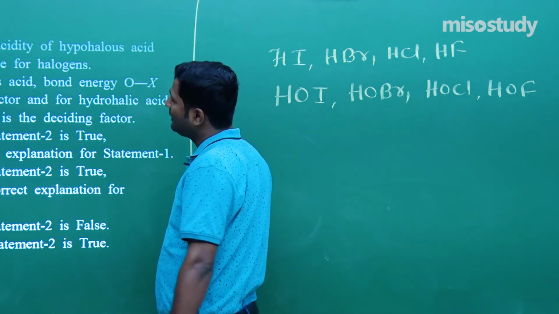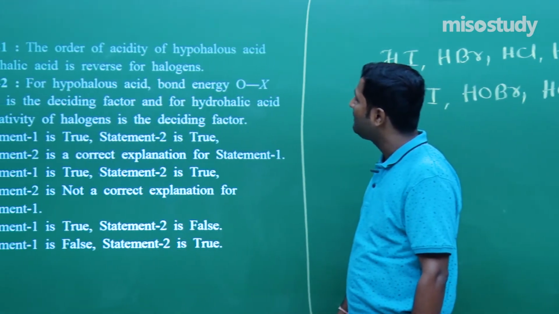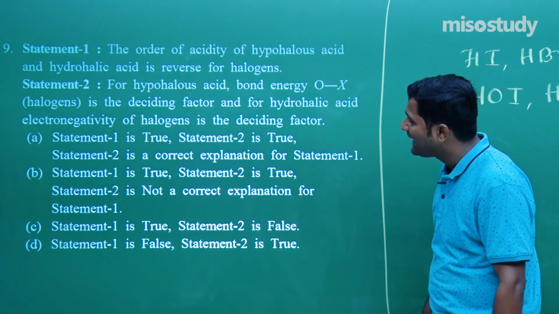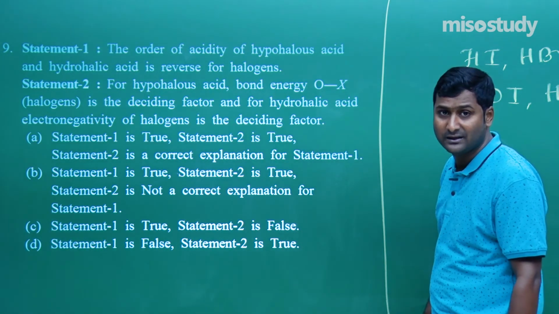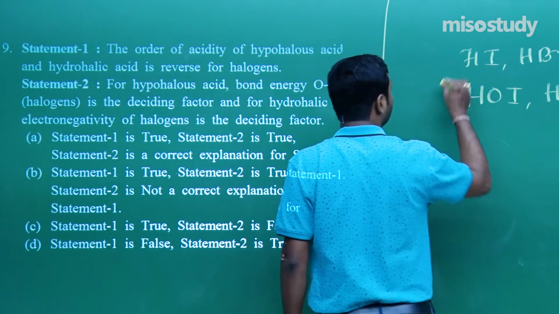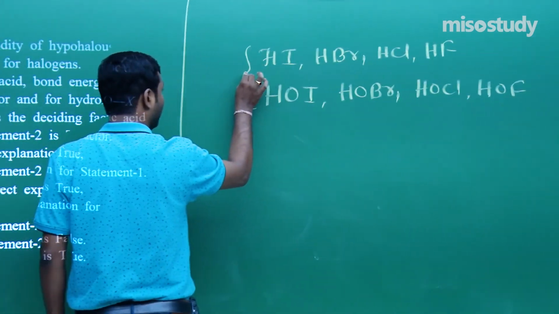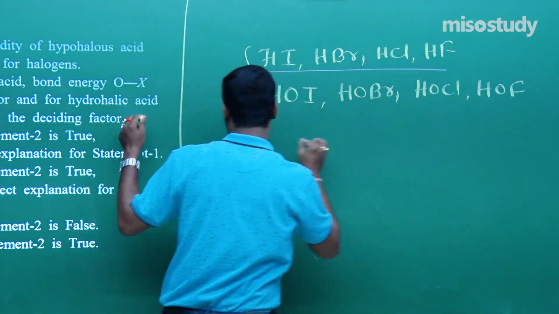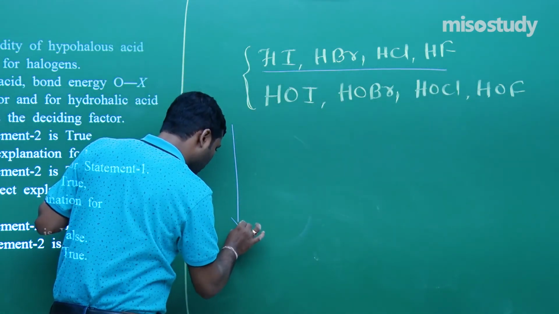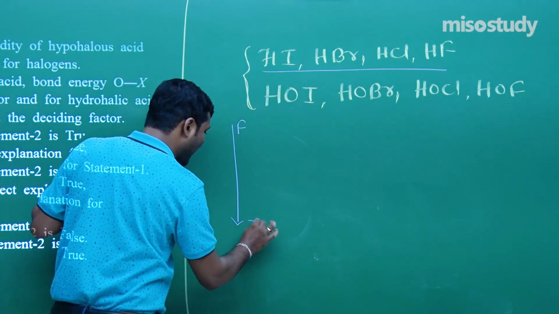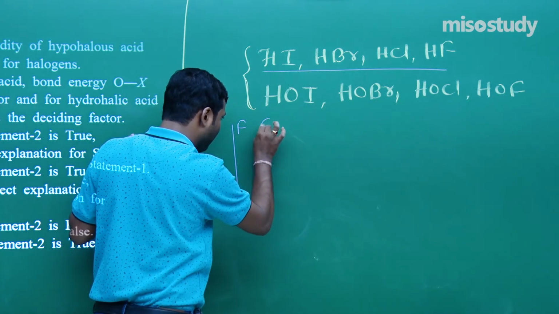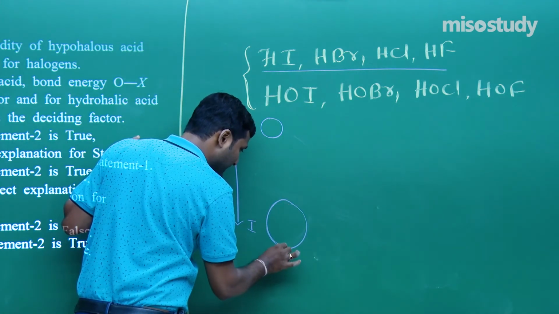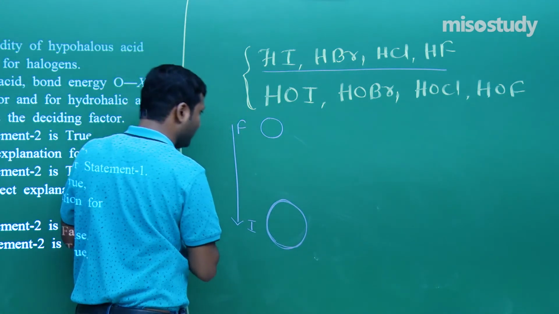Now read the question. The order of acidity of hypohalous acid and hydrohalic acid is reverse for halogens. That is, they have just the reverse order. As we know, in the case of hydrohalic acid, when we move down the group, from fluorine to iodine, the size increases.